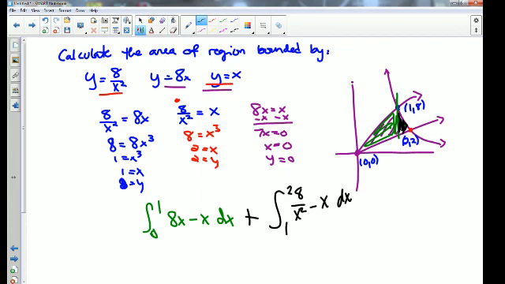We know the linear graphs intersect at 0, 0. 8x is steeper. That's the top, right? But then these two intersect higher. So 8 over x squared is going to be above x at that point. And you can see the y value is lower. So you know top minus bottom there. Are we good? Do you have any questions?